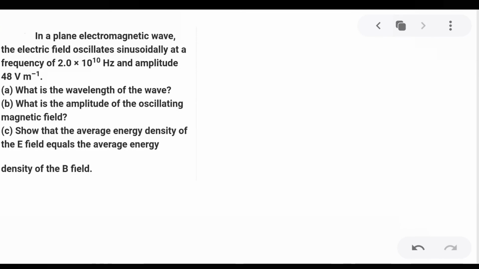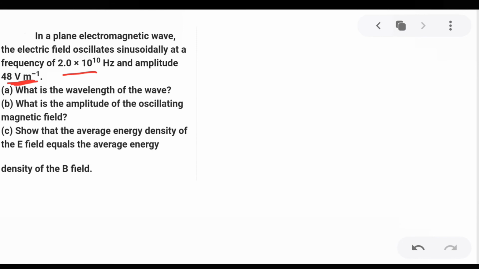In a plane electromagnetic wave, the electric field oscillates sinusoidally at a frequency 2 into 10 power 10 hertz and amplitude 48 volt per meter. So this is the amplitude of the electric field. What is the wavelength of the wave?